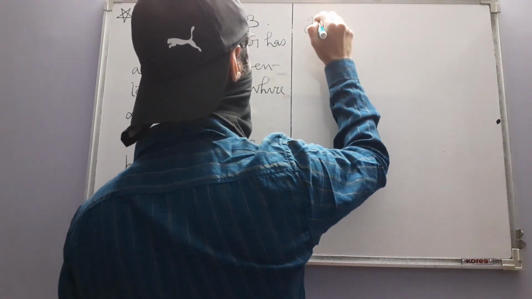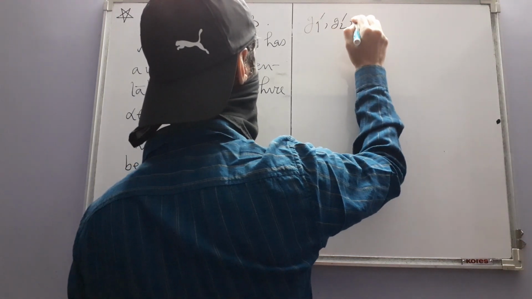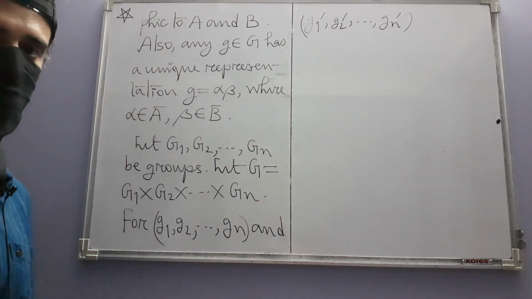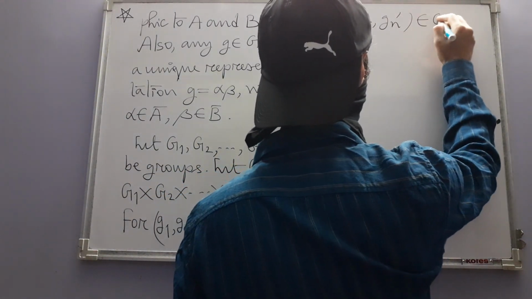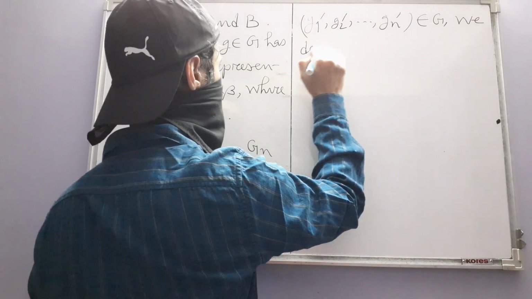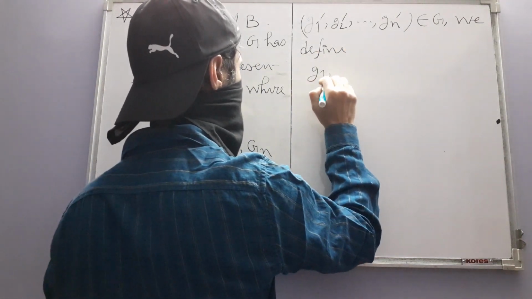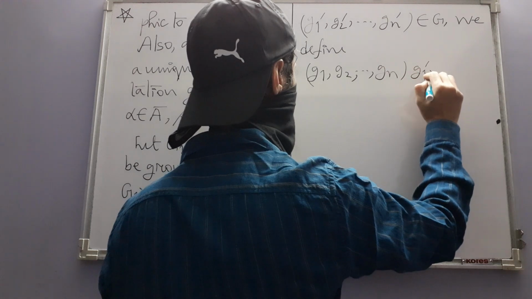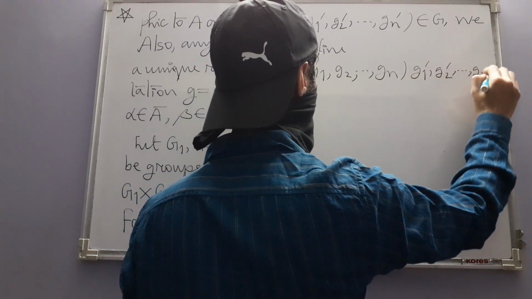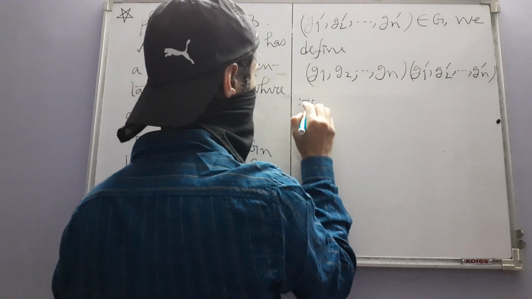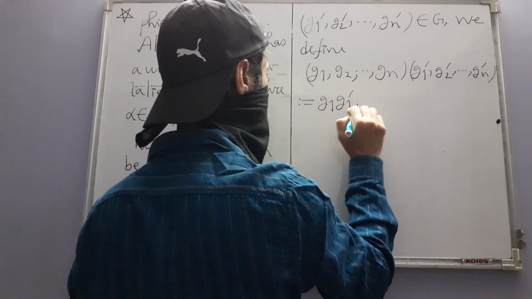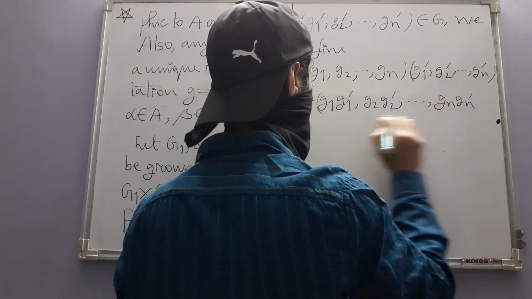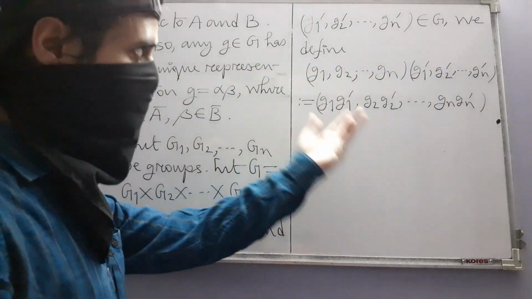And G1 prime, G2 prime, up to Gn prime, if you want you can name these things H1, H2 also, your wish, in G we define their product to be this, where we understand that the individual products are in the respective groups.